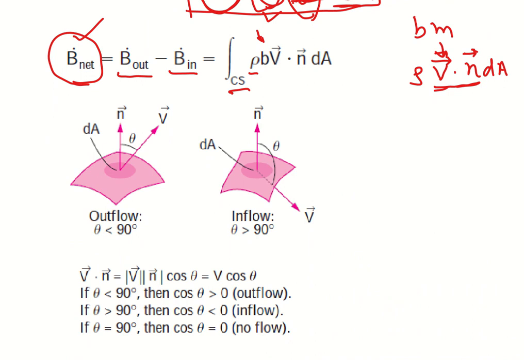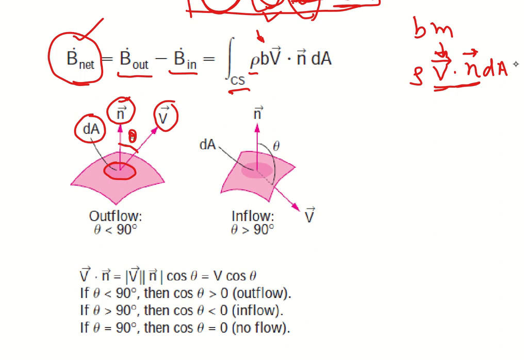So suppose we have a very small elemental area dA. Now perpendicular to this surface we have a vector n which is representing this cross sectional area, and v is the corresponding velocity at this cross section, and theta is the angle between these two.